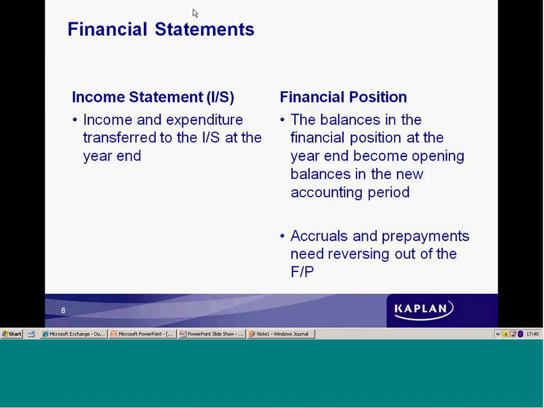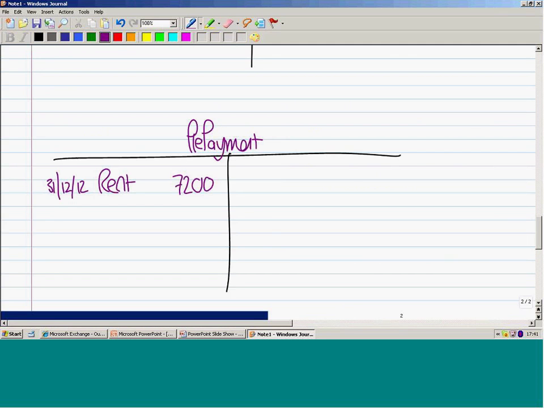Here then is the financial statement, and within the income statement, what we're saying here, and I've been talking about it when I've been talking about those two examples, is that the income and expenditure is transferred to the income statement at the year end. So by that, I'm just going to go back to my journals.